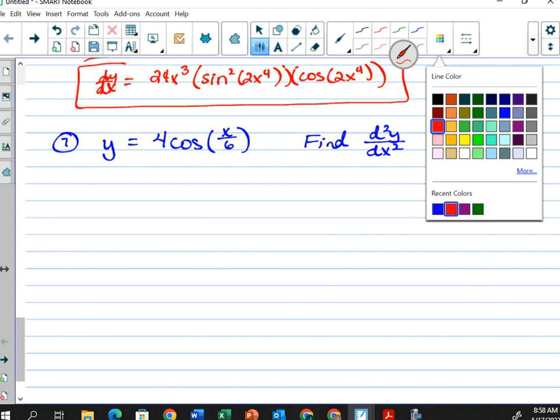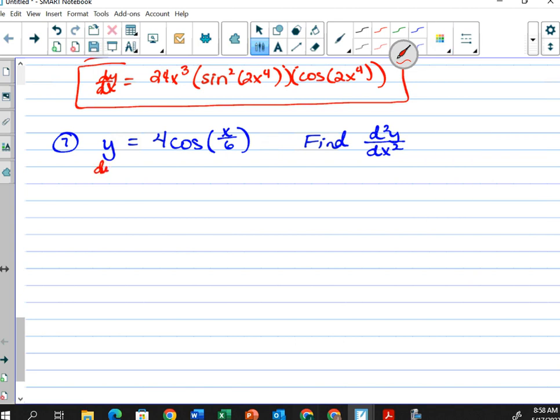Let's make sure we've got our first derivative right. It doesn't make sense. Wait. Never mind, I'm right. Everybody okay with the first derivative?